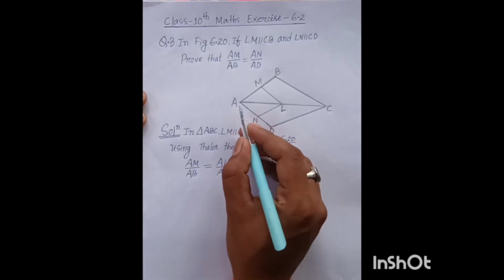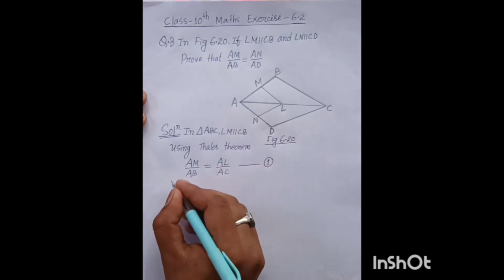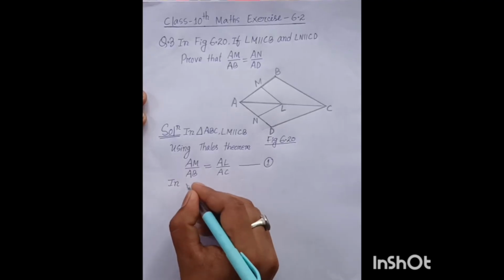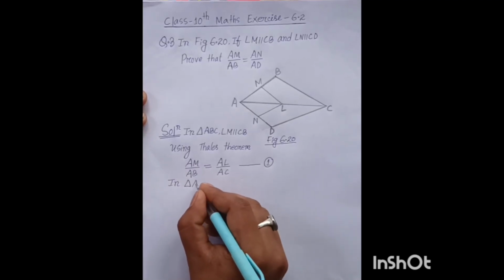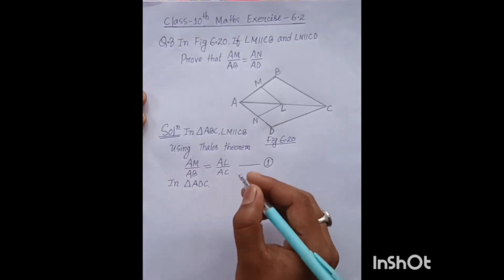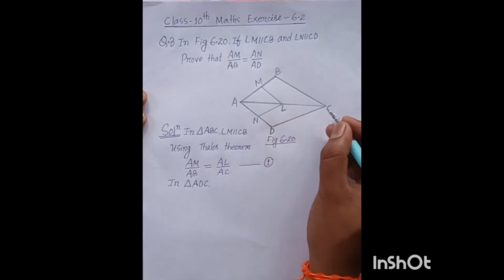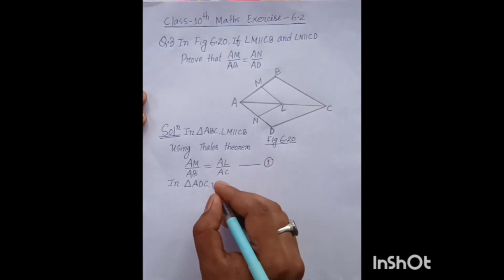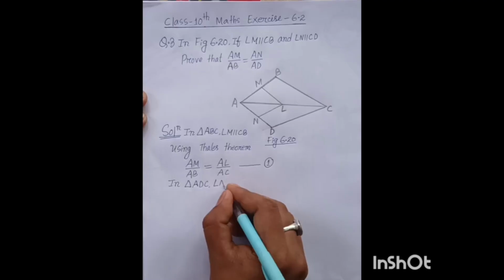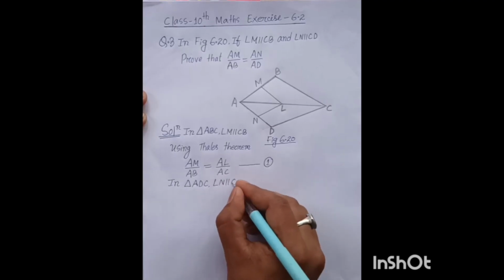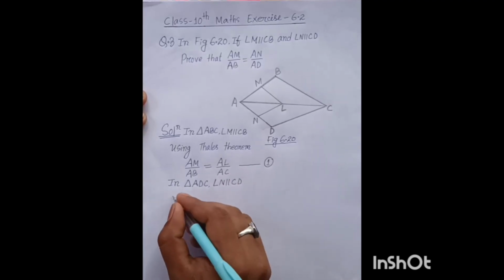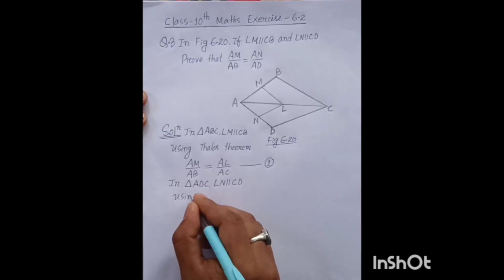Now again you take this triangle ADC. So in triangle ADC, LN parallel CD, this is also given in our question. So write here LN parallel CD. Now here also I will apply Thales theorem.